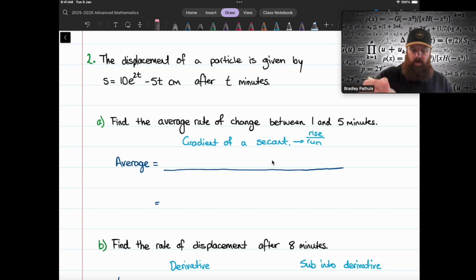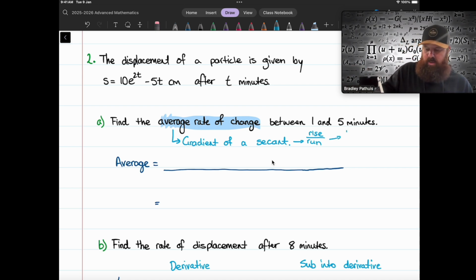Part A asks us to find the average rate of change. Well, the average rate of change is just the gradient of a straight line. So if we pick 2 points on this curve and drew a straight line between them, a secant, what's the gradient between those 2 points? And we're going to do that by rise over run.